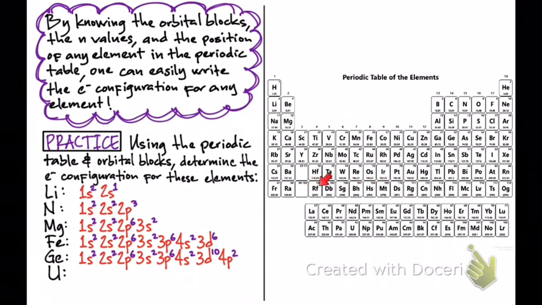So you're going to write down 6d1. So lanthanum and actinium are actually right over here, so they have a d orbital. So that would be radon, 7s2, 6d1, and then 5f3.